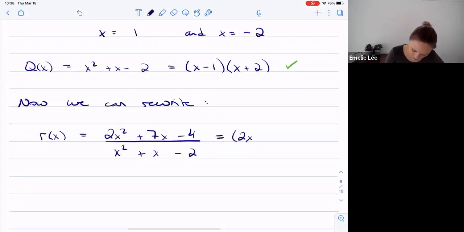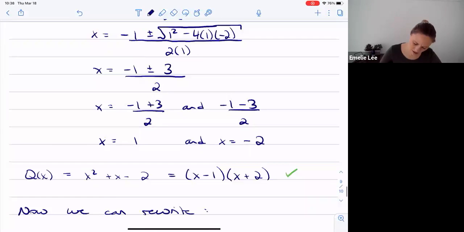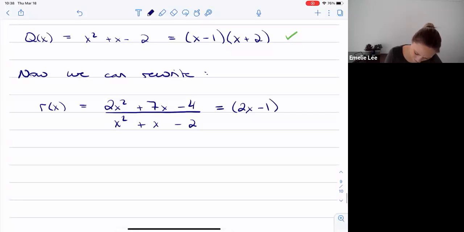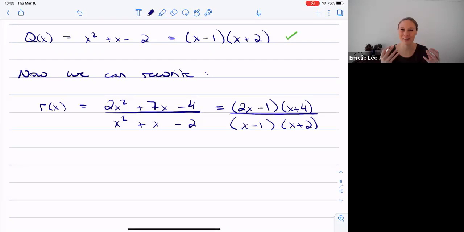As, what was it, 2x minus 1 times x plus 4, over x minus 1 times x plus 2. So, okay, that's step 1. A lot of work happened there, right? But it was to help us with the next few steps.